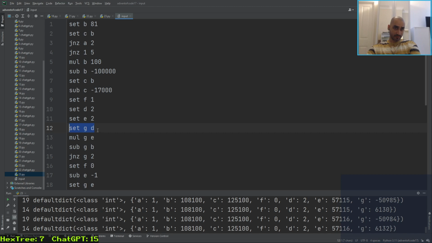That means d times e equals b, that means d times 2 equals b. That means 2 times 2 equals b. That means b equals 4 before this line. So if b is 4, that will guarantee h will be minus 1 through that chain of events. So the question is, when will b ever be 4?